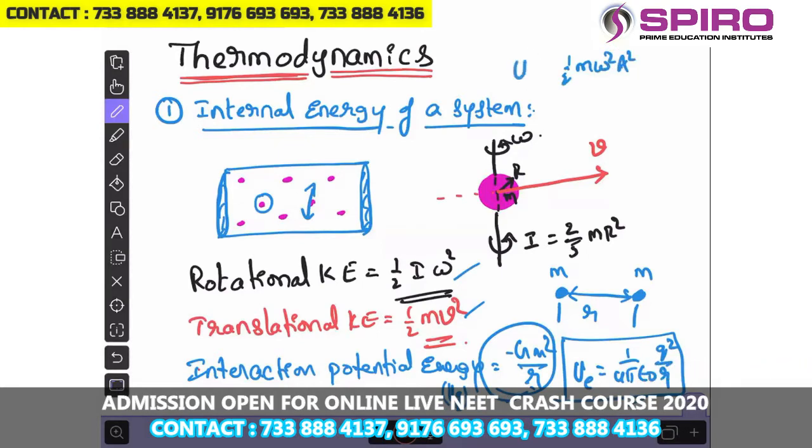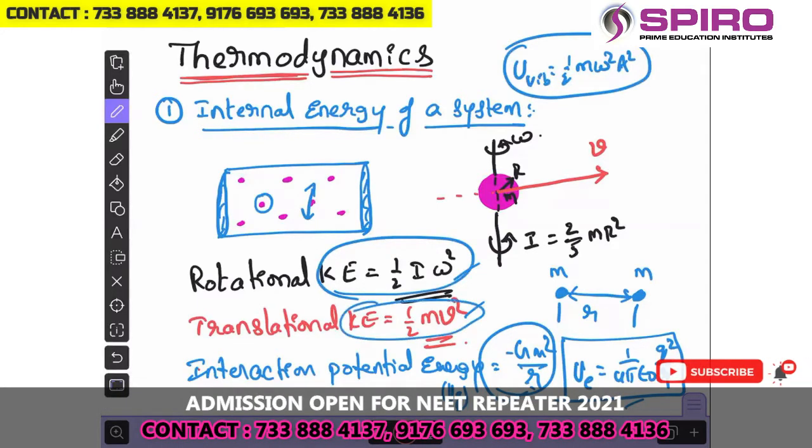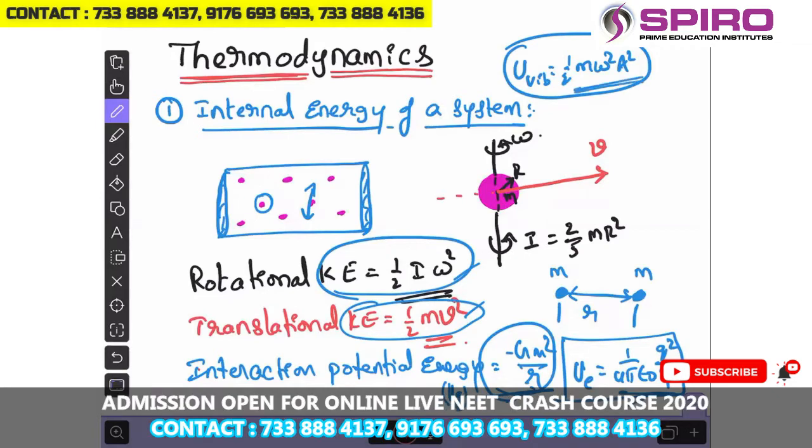These are the various types of energies: rotational kinetic energy, translational kinetic energy, interaction gravitational potential energy, interaction electrostatic potential energy, and vibrational energy. All these types of energies are functions of temperature.